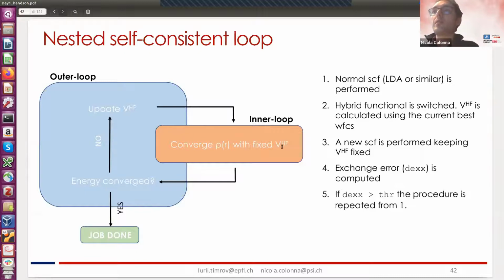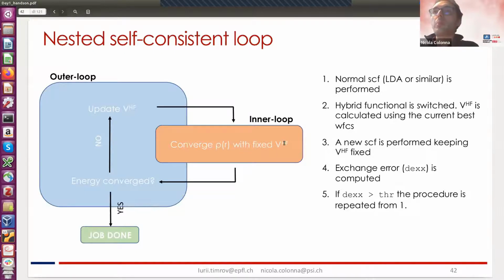So you fix the exchange potential, you don't touch it during the self-consistent calculation, and you do the convergence on the total density as we saw for PBE. Then after this step is done, you have a new set of Kohn-Sham wave functions that you want to use to compute the exchange potential.